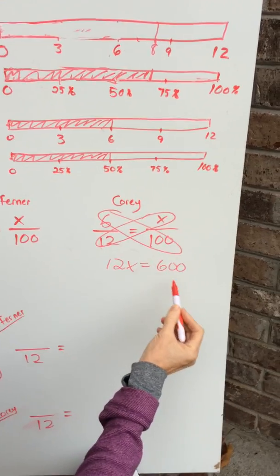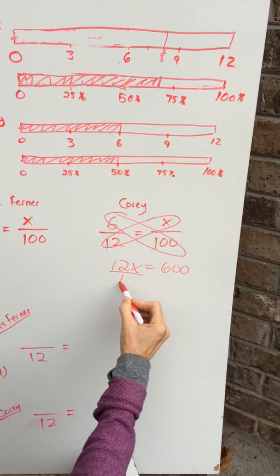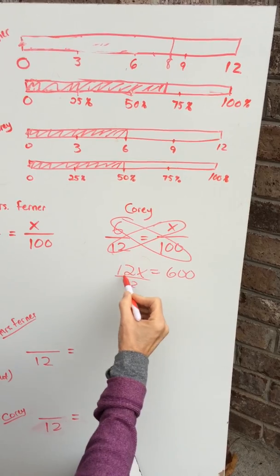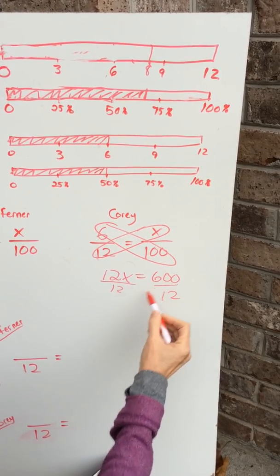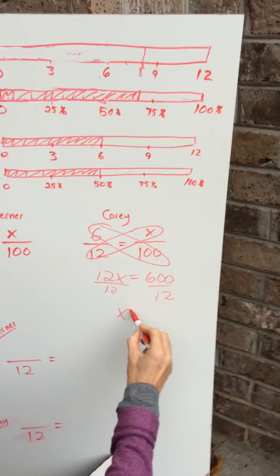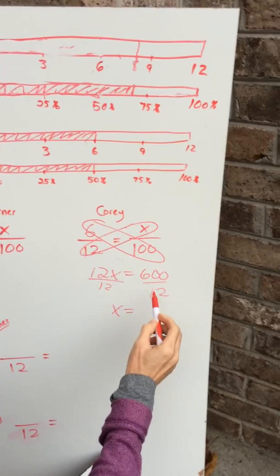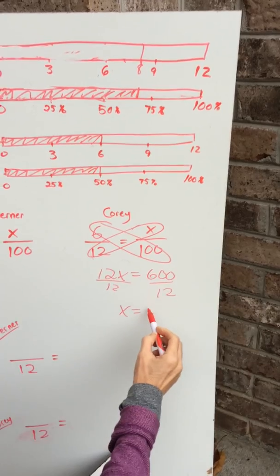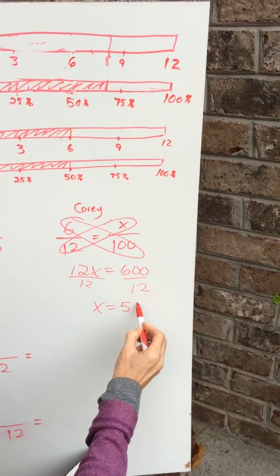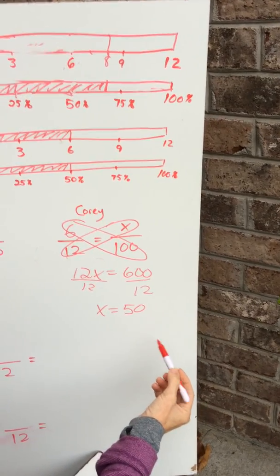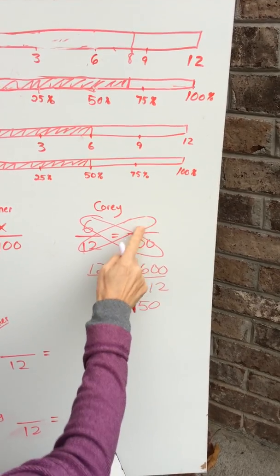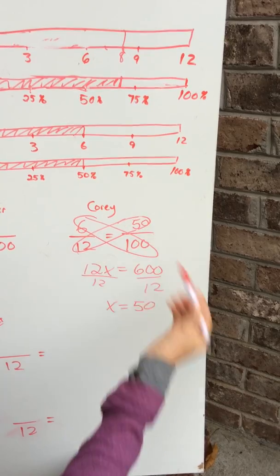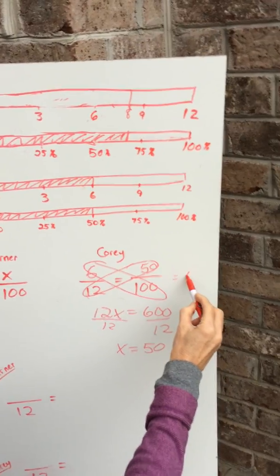Then we divide by 12 on both sides, because we want x to equal 1x. 600 divided by 12 is 50. So x would be 50, and 50 out of 100 equals 50%.